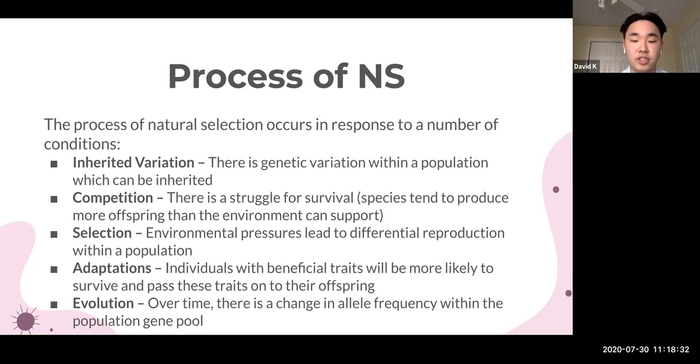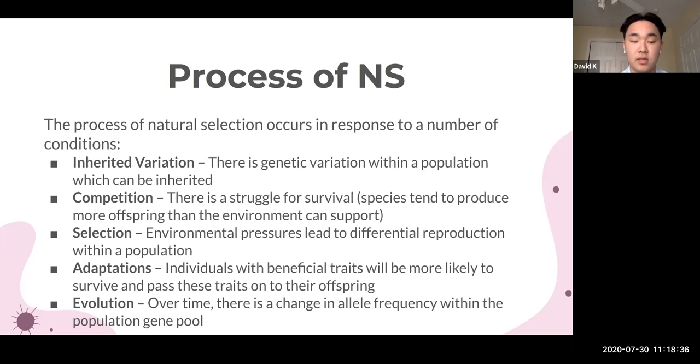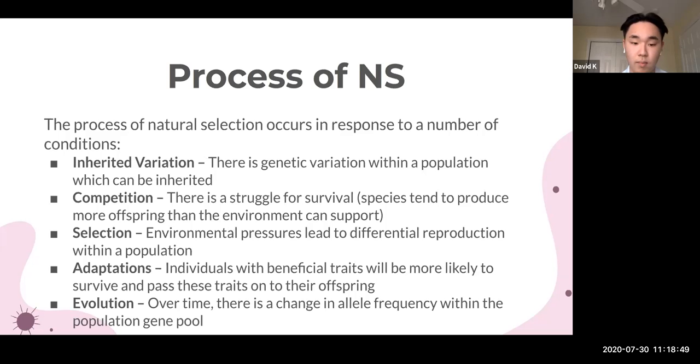The adaptations that these species need to go through will lead to different reproduction within the population. And then there's the adaptations, which is where individuals with the favored traits can have a higher chance of living and passing their traits to their offspring.